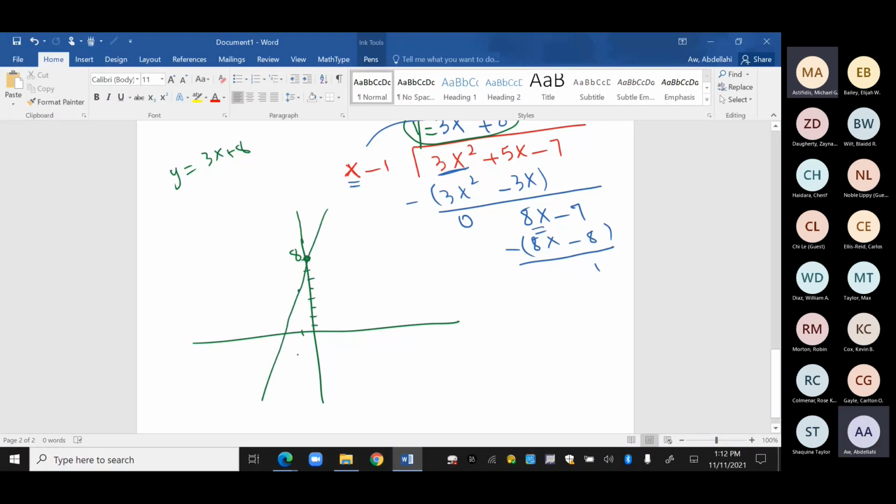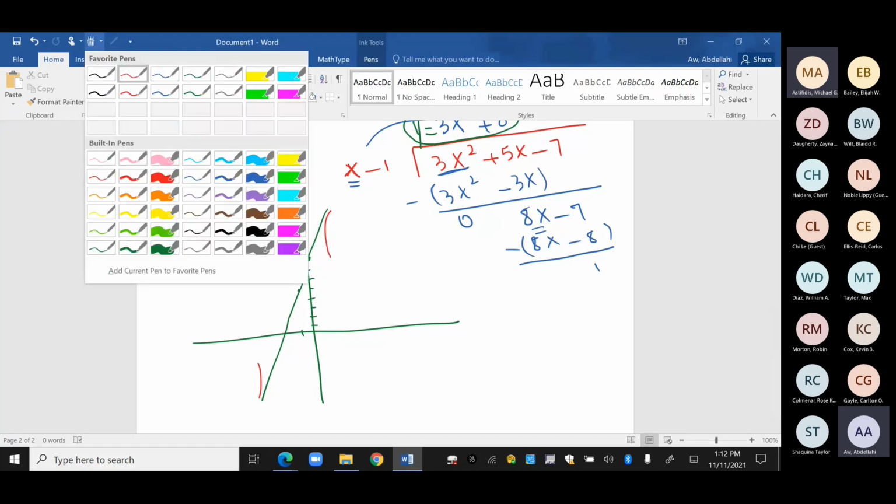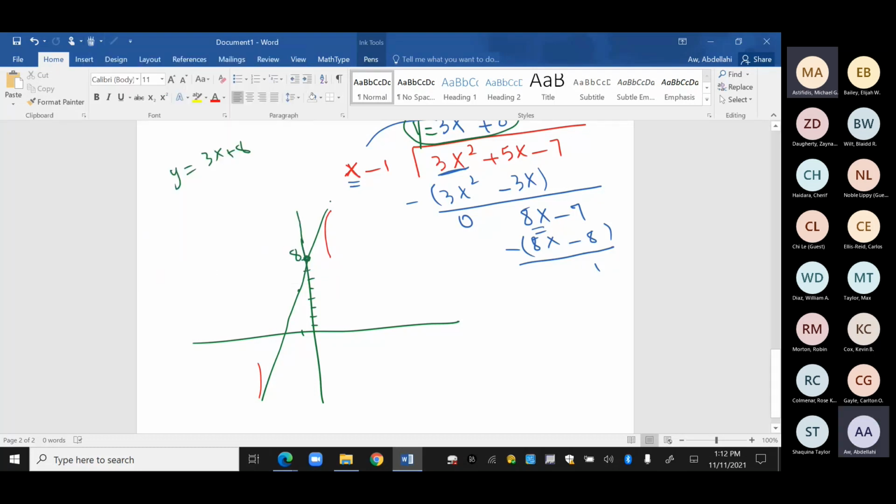When x goes to infinity or negative infinity, my graph will approach that line, either in a positive way or a negative way, above or below. It could be like this, or it could be like this.